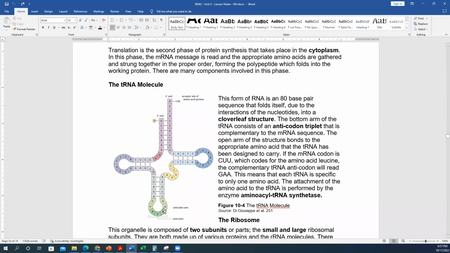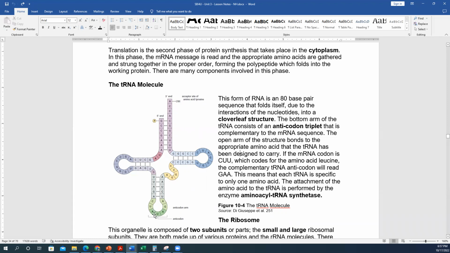So at the bottom arm of this tRNA, there are three nucleotides at the very end, forming this anticodon triplet. So this anticodon triplet, for example, here we have AUA.